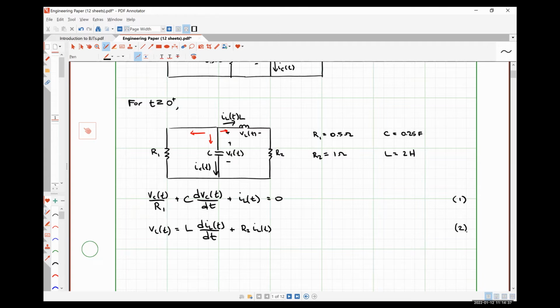So it should be fairly obvious here that I could substitute in this expression for VC directly here. The only thing that I really need now is a relationship that puts the derivative of the capacitor voltage in terms of either the inductor current, the derivative of the inductor current, or the second derivative of the inductor current.